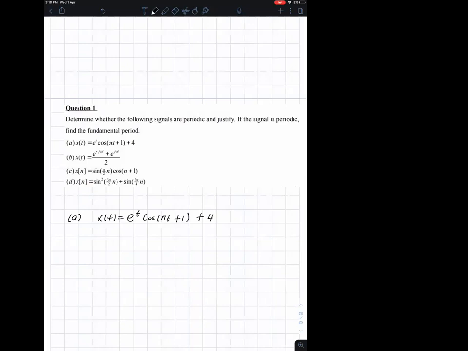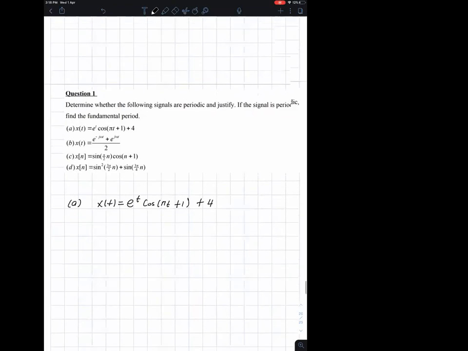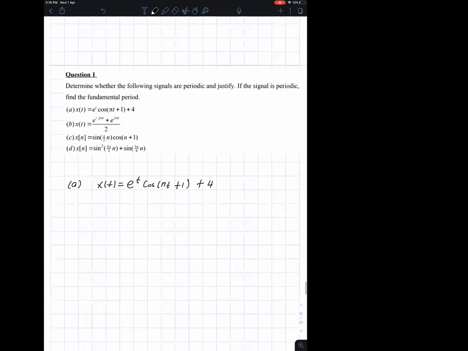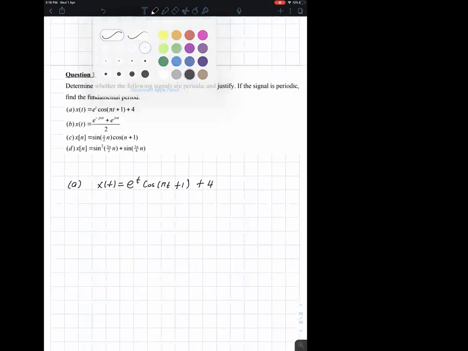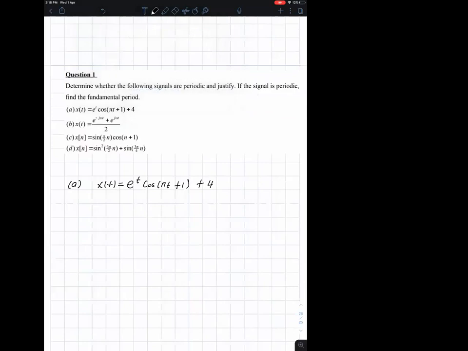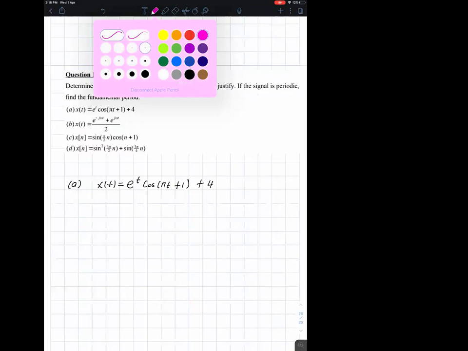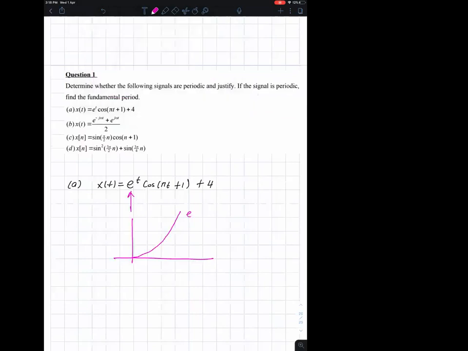I can tell you before doing anything that this is not periodic. Why? Because of the exponential function, and this function is going to keep growing. So where's the period?